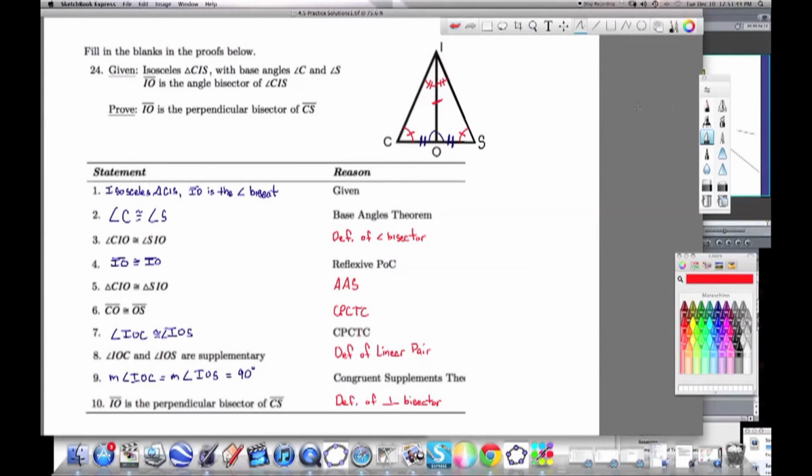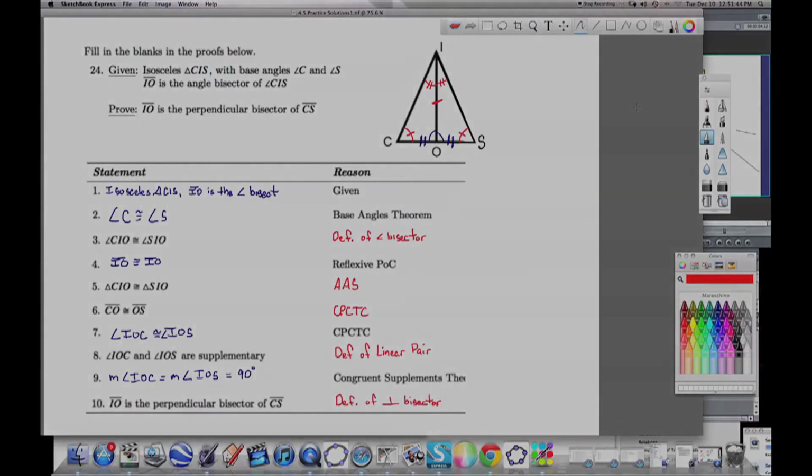Segment IO is the perpendicular bisector of segment CS. We have all the things that we need. It's a bisector. We know that those angles are 90 degrees. And we know CO is congruent to OS. So it all works. This is the definition of a perpendicular bisector.